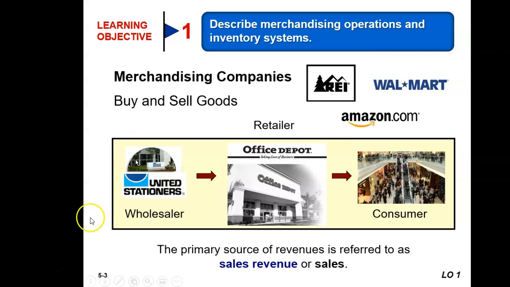So you have these wholesalers who often will make the actual product that are then sold to the retailer, such as an Office Depot, and they're then acquired by you, the consumer. So from a business perspective, when the retailer, Office Depot, or the wholesaler sells the product, they're going to record it as sales revenue or sales.